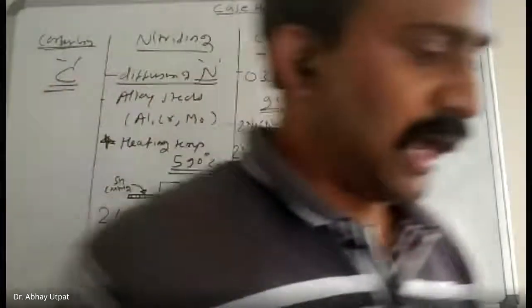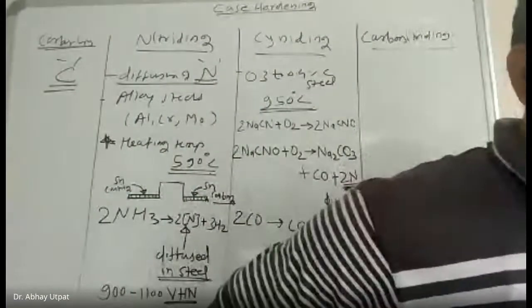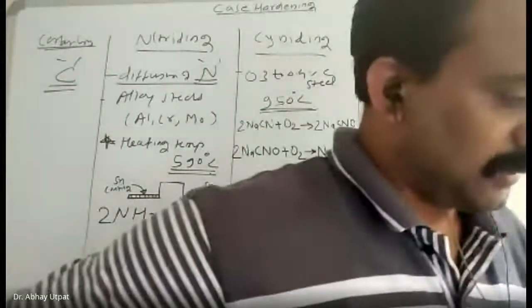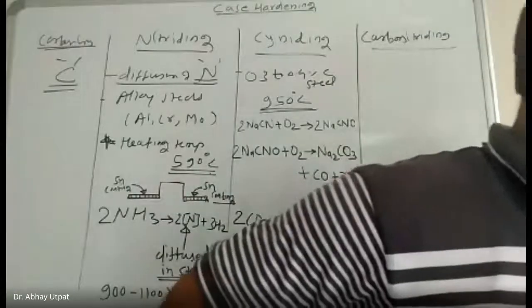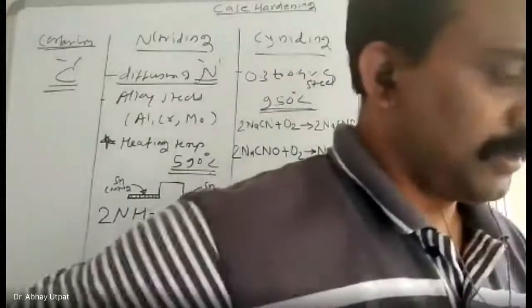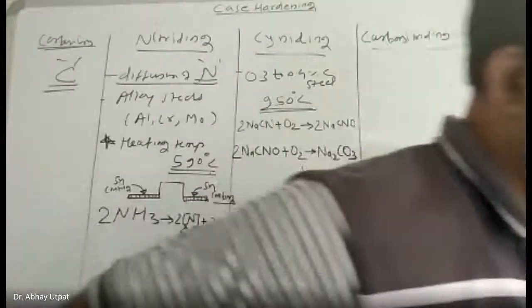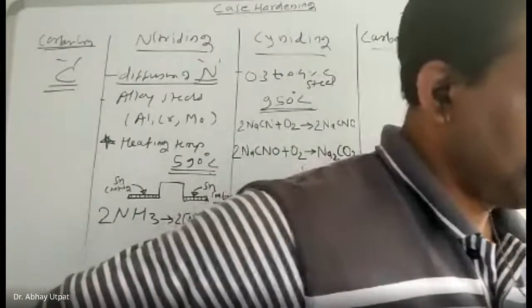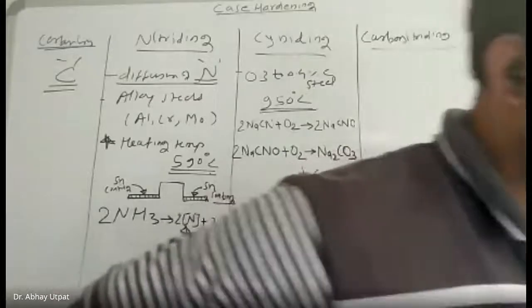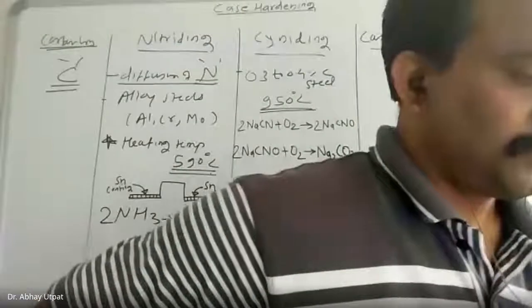Next line: higher the temperature, more will be diffusion of carbon as compared to nitrogen.